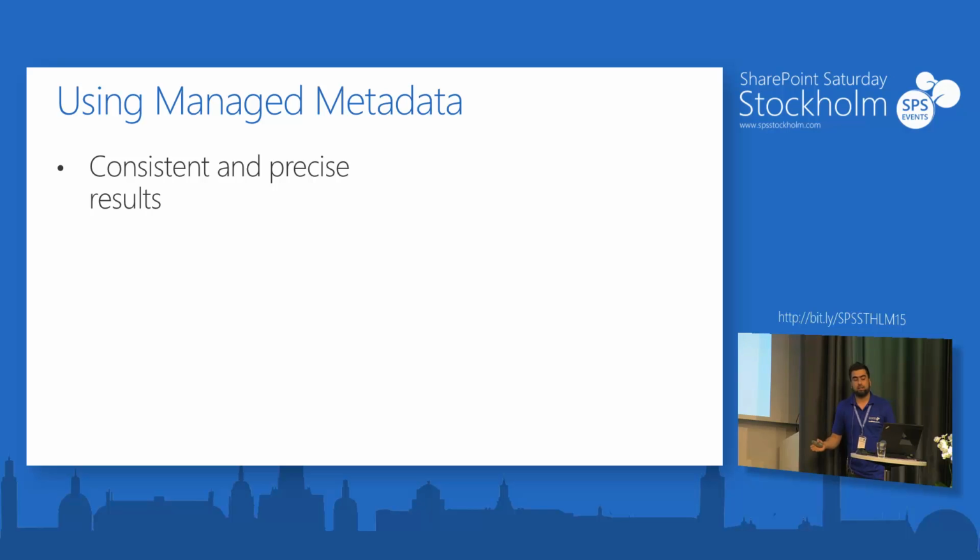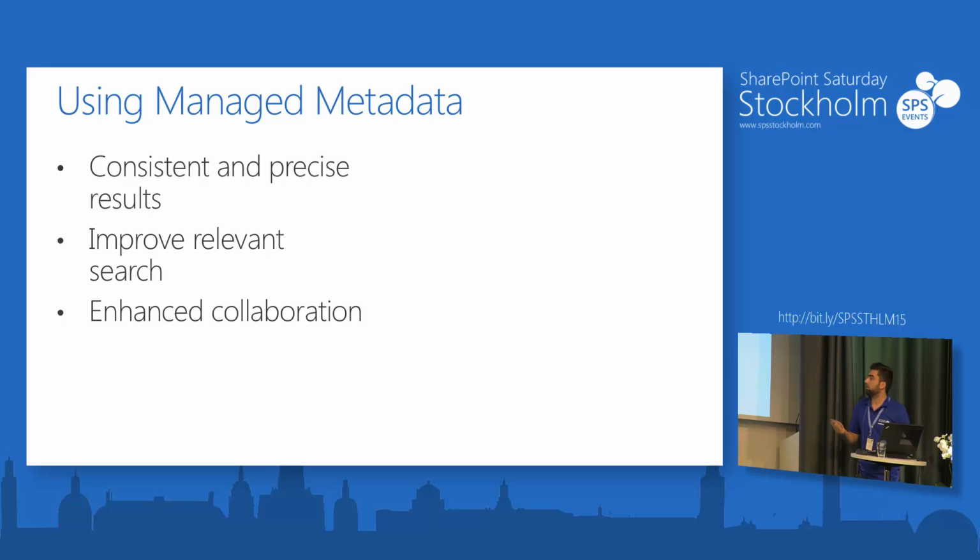So what are the benefits that they will get when they implement those taxonomies within their portal? The benefits are consistent and precise results. When they tag the document, they get really precise results, and the results will be more consistent. They get an improvement with the relevant search, and then enhanced collaboration.